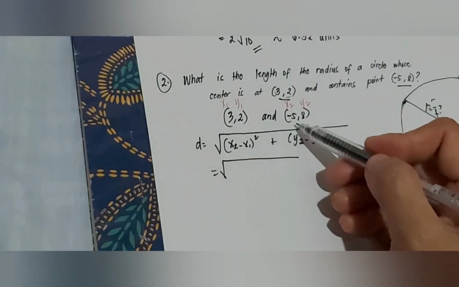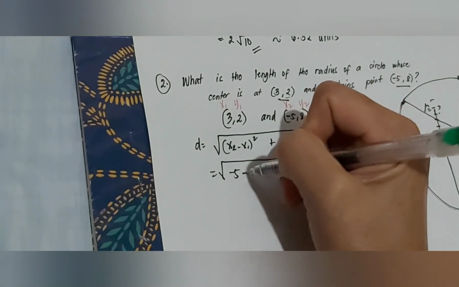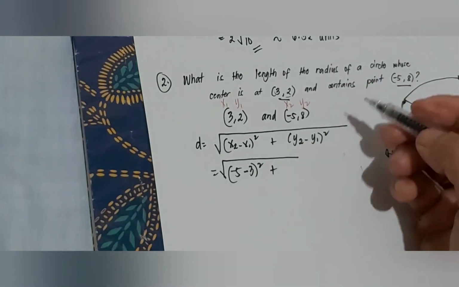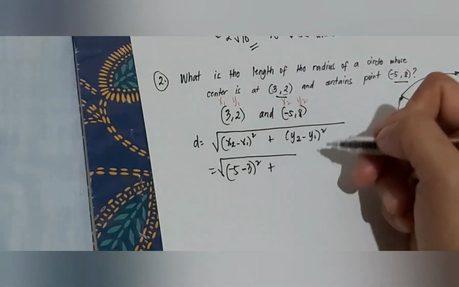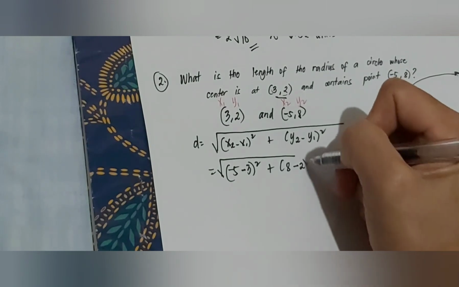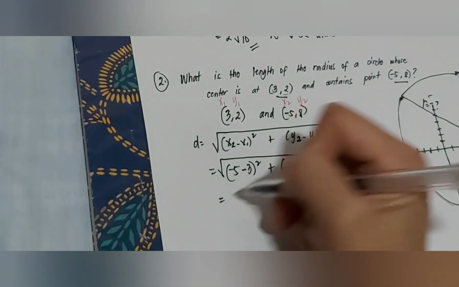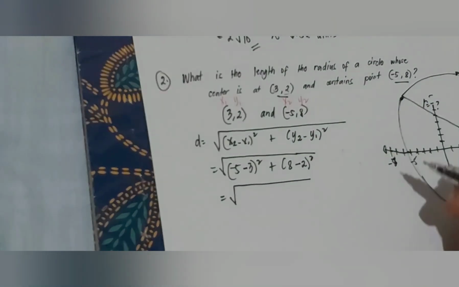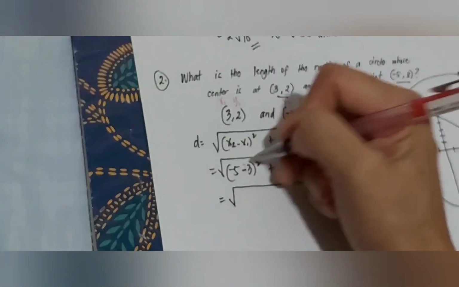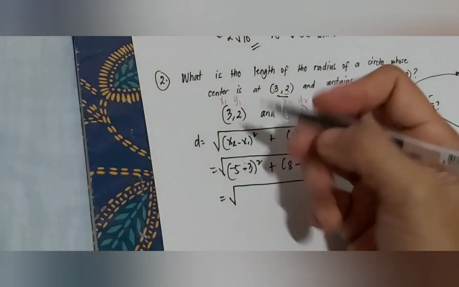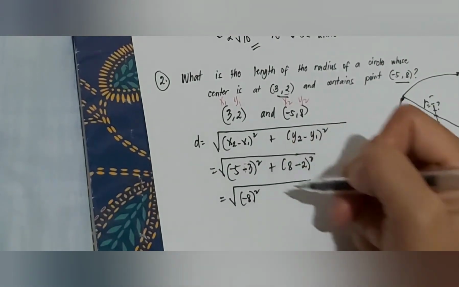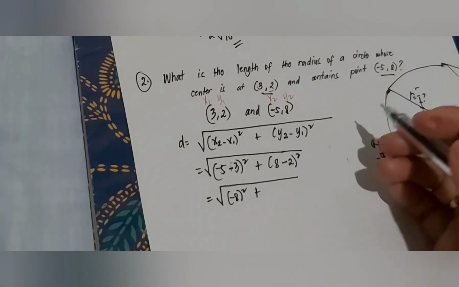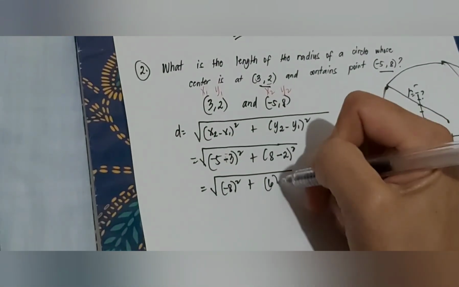So this is -5 minus 3 squared plus this is 8 and 2. 8 minus 2 squared. Proceed. -5 minus 3 is, change the sign of subtrahend, proceed to addition, naging -8 squared. Plus, 8 minus 2 is 6. So, this will be 6 squared.